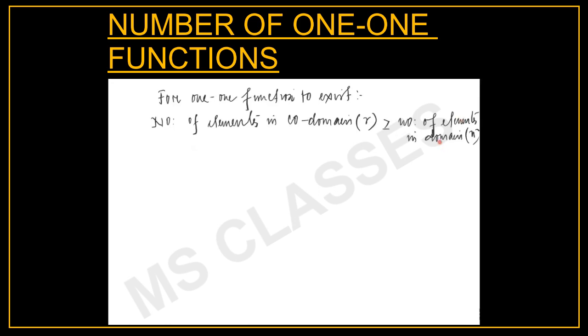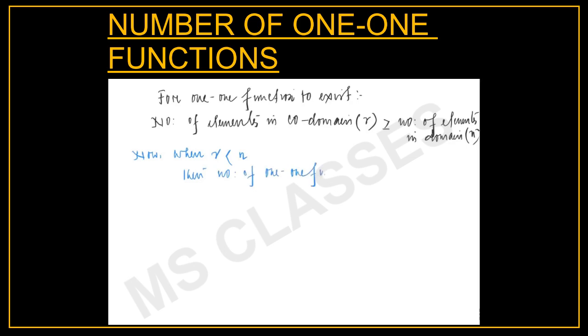Now, when R is less than n, then the number of one-one functions is 0.